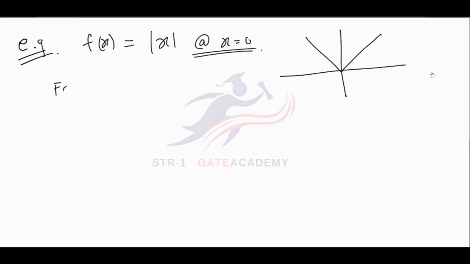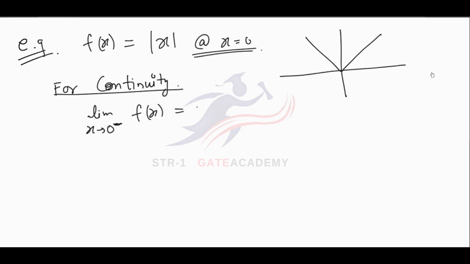So for continuity, very simply, the limit as x tends to 0 minus of f x should be equal to the limit as x tends to 0 plus of f x, and should be equal to f of 0. If this is the same, then the function is continuous.